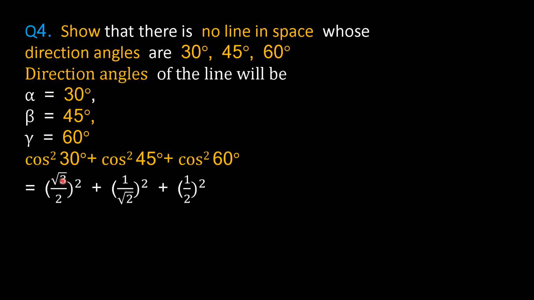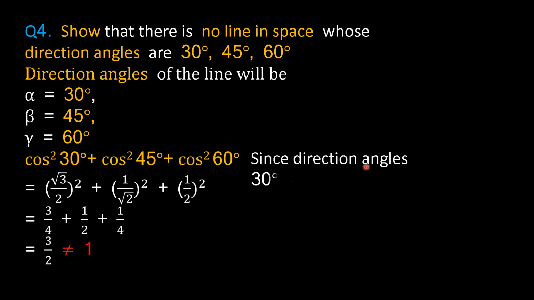Cos 30 is root 3 by 2, square of that; cos 45 is 1 by root 2, square of that; cos 60 is 1/2, square of that. It will be 3/4, 1/2 and 1/4, which will be 3 by 2, which is not equal to 1.